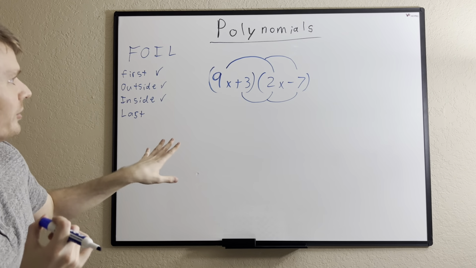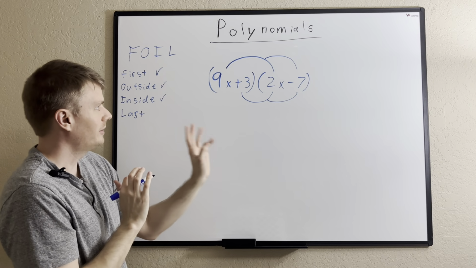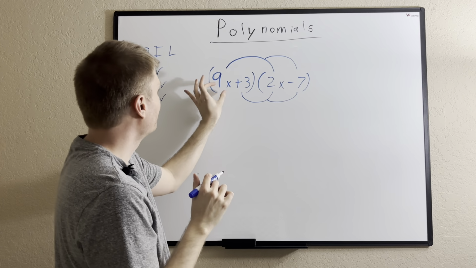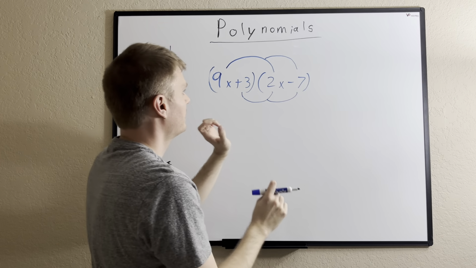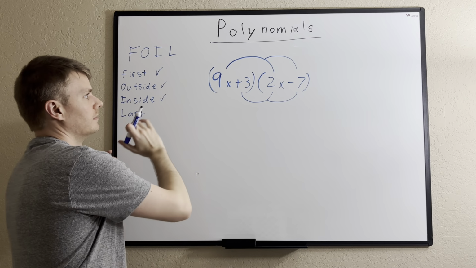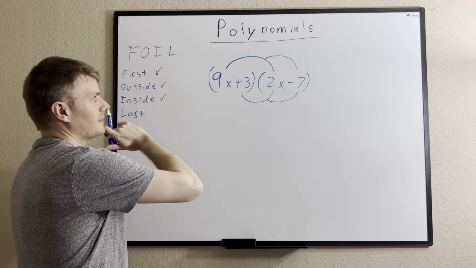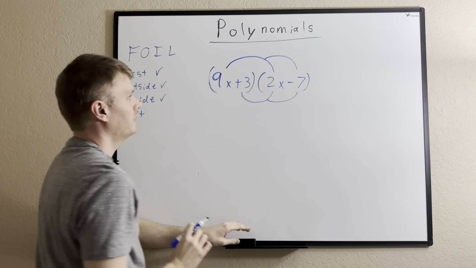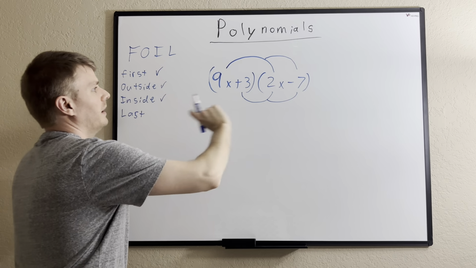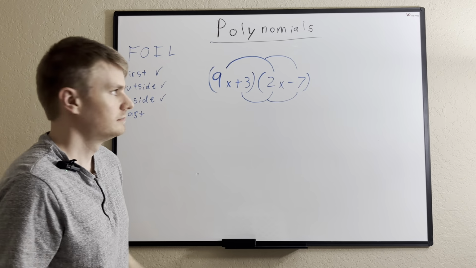But also, you can tell we're just multiplying this term by both of these terms and this term by both of these terms, because that's just how the distributive property works. Multiplying each term by each term.